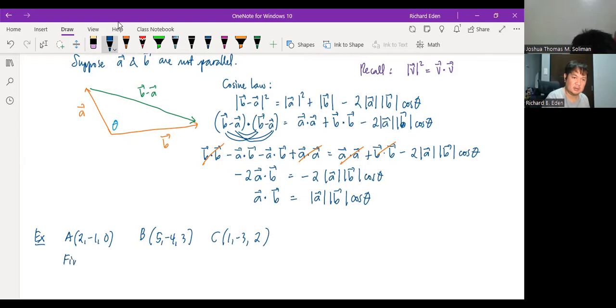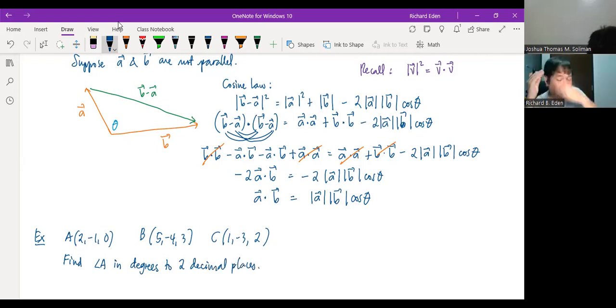Find angle A in degrees to 2 decimal places. So observe that if we are to draw the triangle, this is going to be in three-dimensional space.